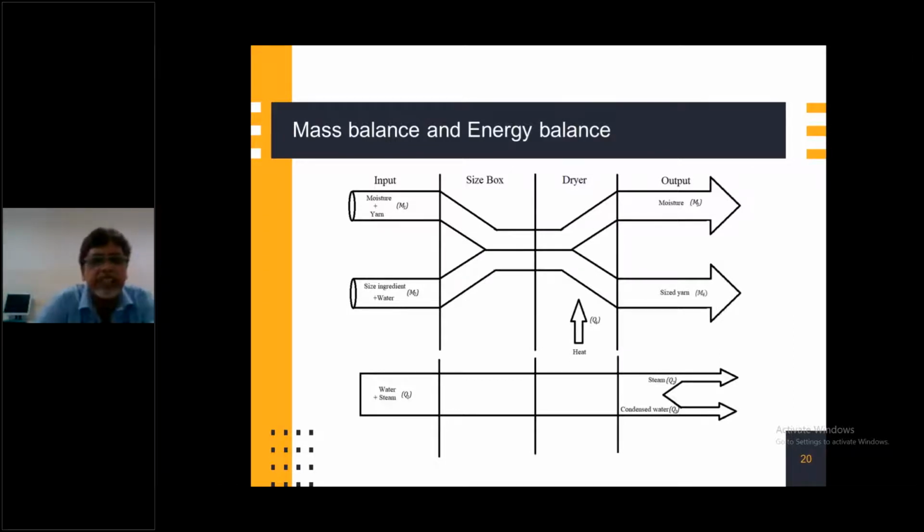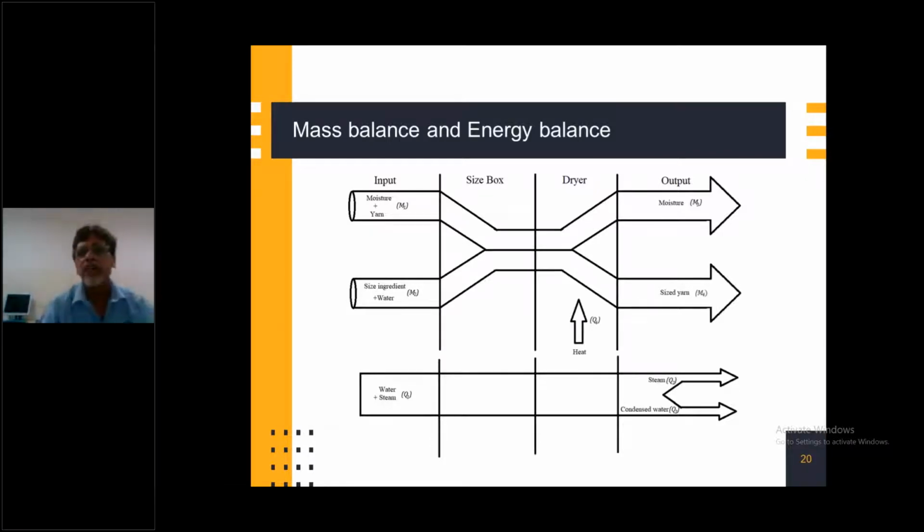We apply heat by steam, which is supplied in the dryer so it can heat the wet yarn. Q1 is the heat supplied to the dryer through steam, and there is condensed water. So this is the case of energy balance.